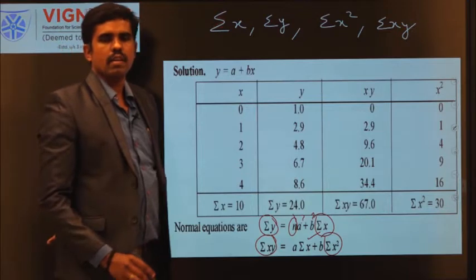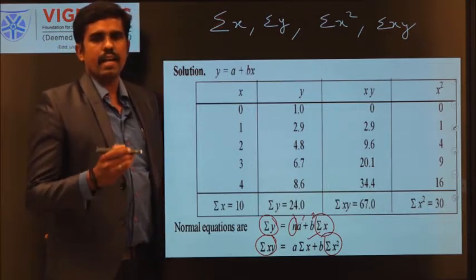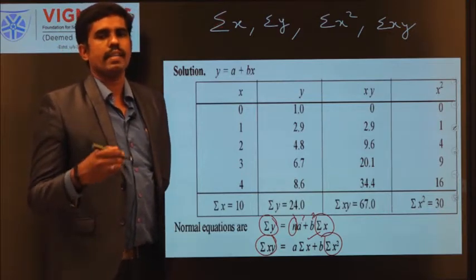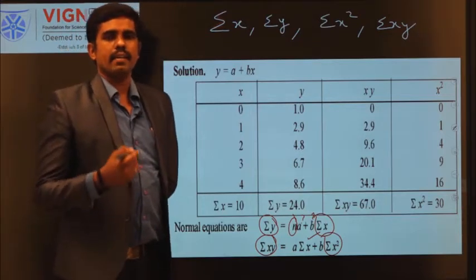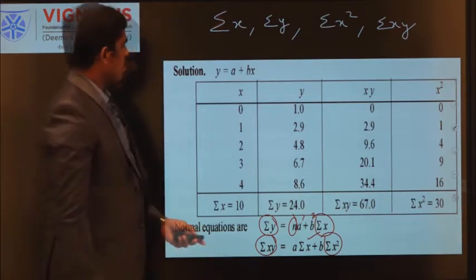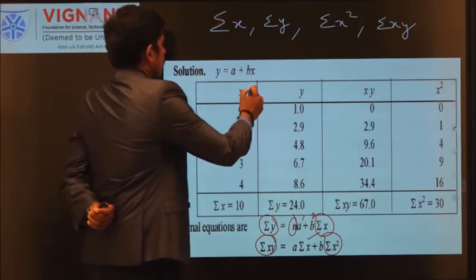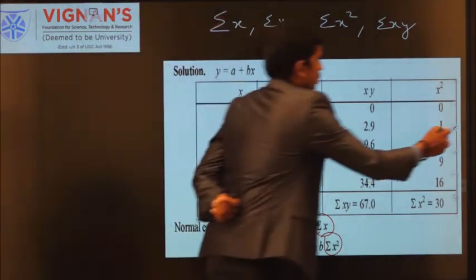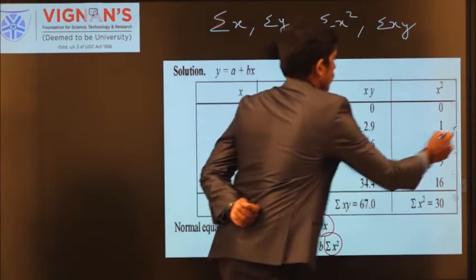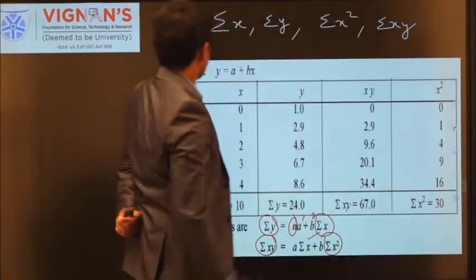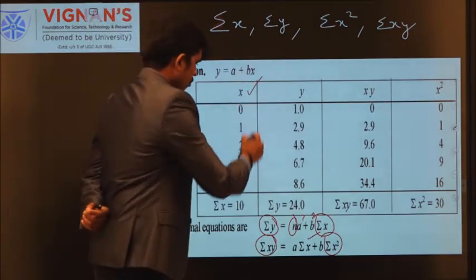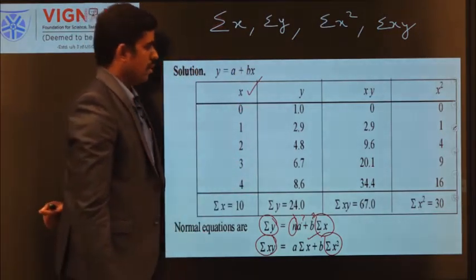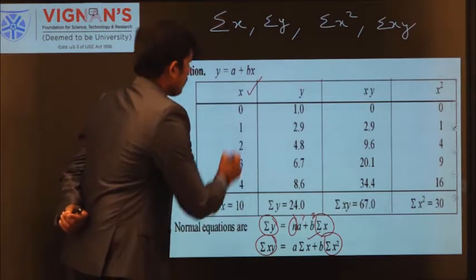Why are we solving? To find the values of a and b, the slope and intercept, for my required straight line fit. So look here, x value will be given to you in the data, you write all those values, but most importantly we need the summation of x.